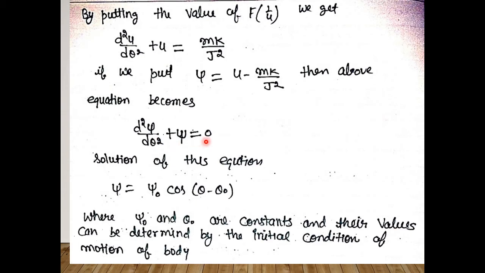So we have the solution of this equation, because this equation is equivalent to the equation of simple harmonic motion. So the solution will be psi equals psi 0 cos(theta minus theta 0), where psi 0 and theta 0 are constants and their values can be determined by the initial conditions of motion of the body.